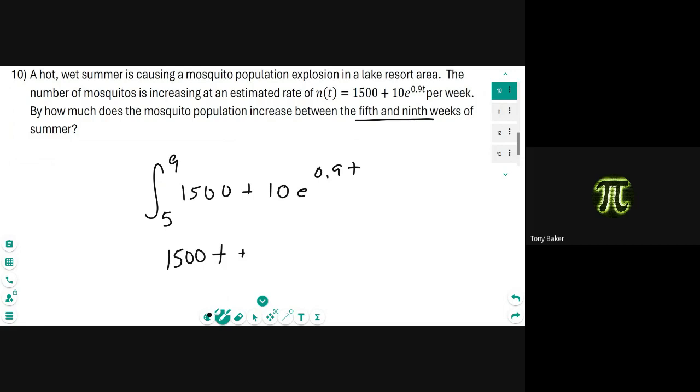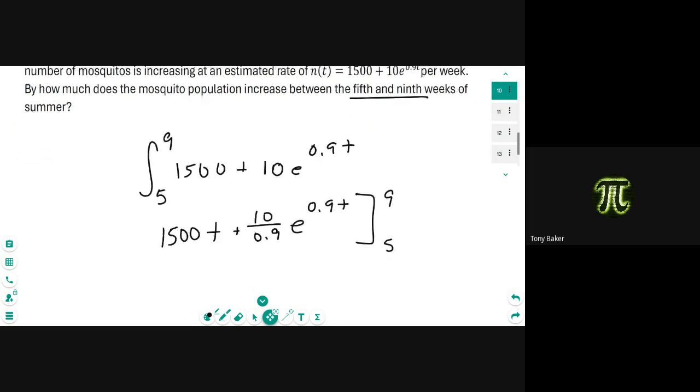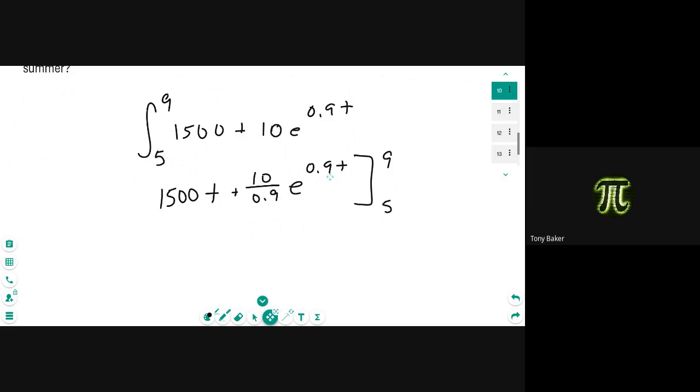Oh, it doesn't actually work out nice. What is the 0.9 increase on the X code? It's not a power. It's an E. And the only reason it's going down there is because of U substitution.